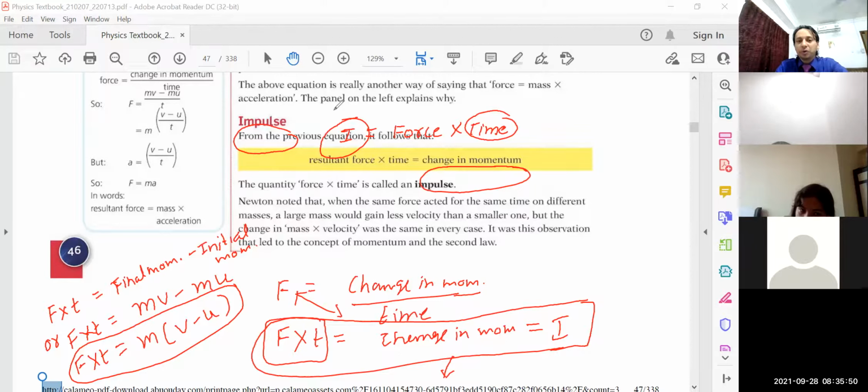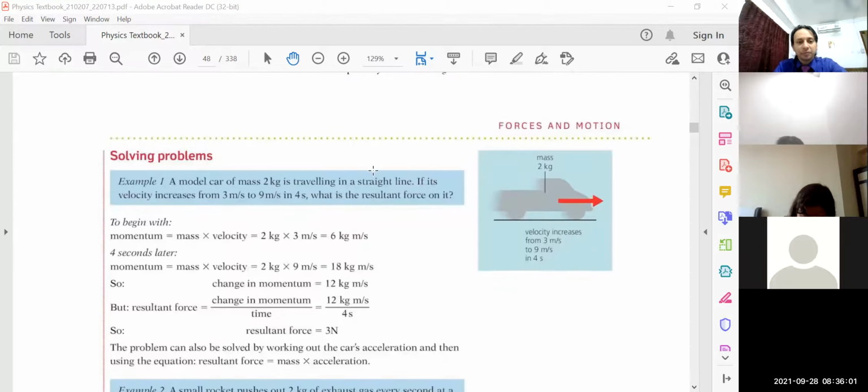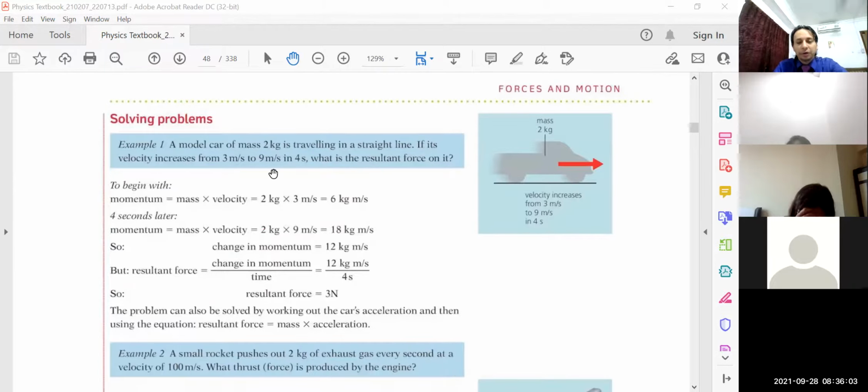Now, let us do some questions, children, to understand the meaning of this topic. I want to take one numerical which is given here in this book. Read this statement carefully, children. You have a model car whose mass is given. It is traveling in a straight line.